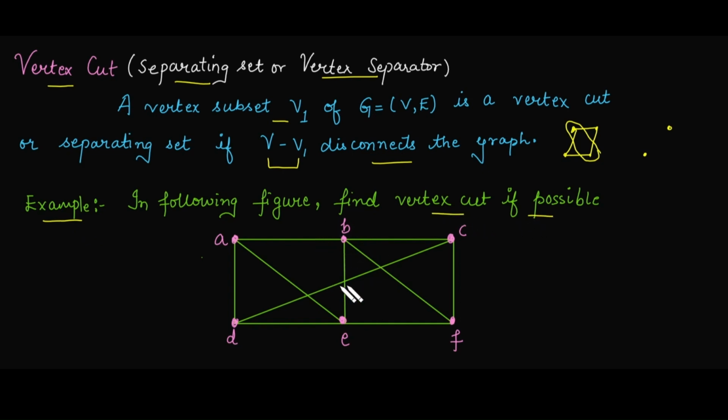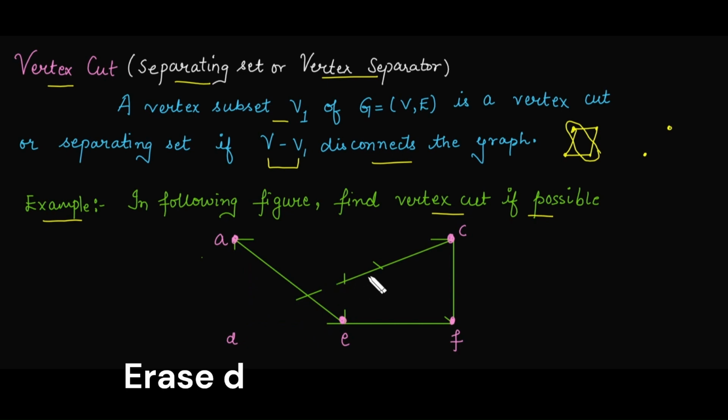If you remove the vertex B, we also remove its edges. Now, does removing a single vertex disconnect the graph? Right now, no. So let's try to remove another vertex. If you remove the vertex A, you still get a connected graph. Let's try to remove the vertex D. Now, is this a disconnected graph?